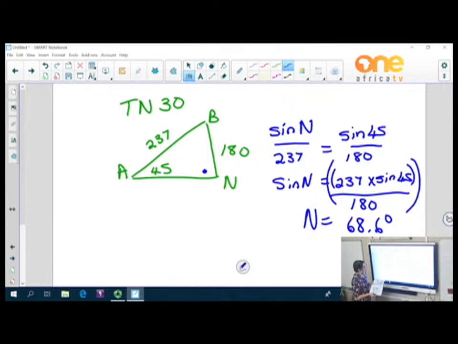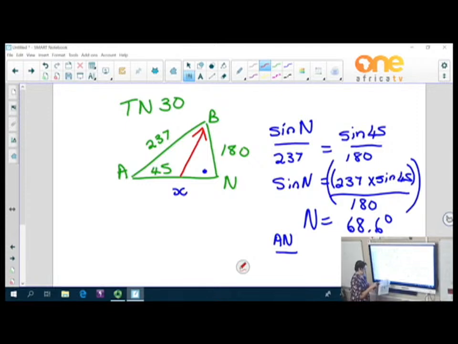And then they say the distance AN. So now this is what we want to calculate. So it is then AN over, now we have to put it over the opposite angle, isn't it? So I need B. I don't have B at this stage.